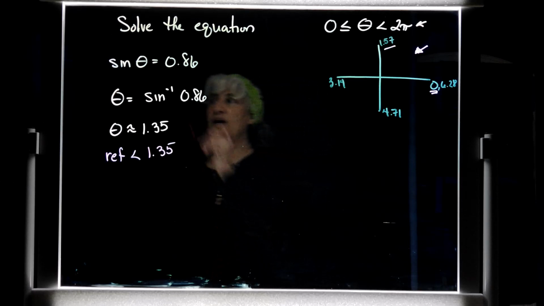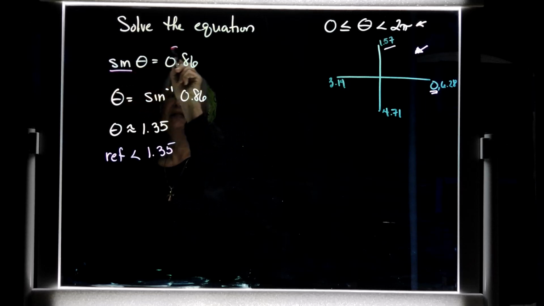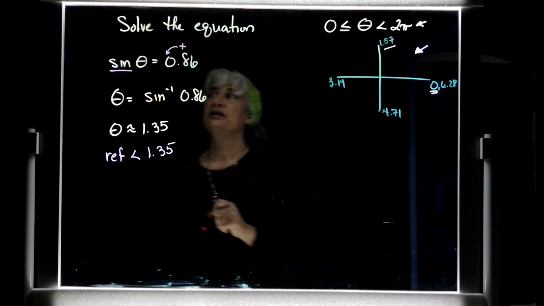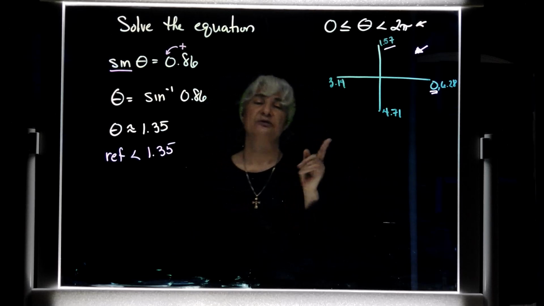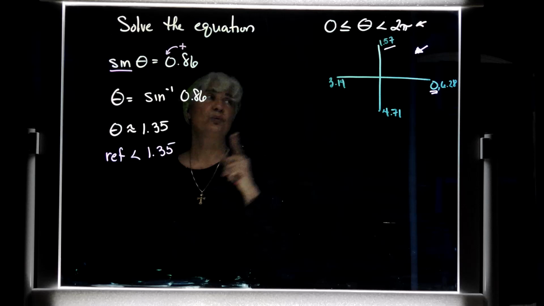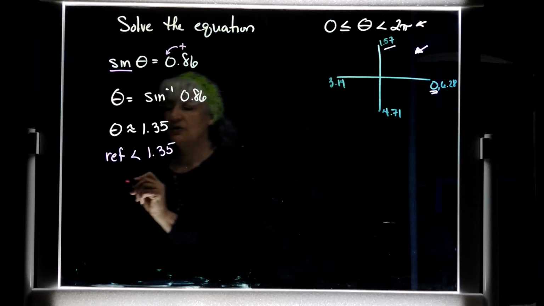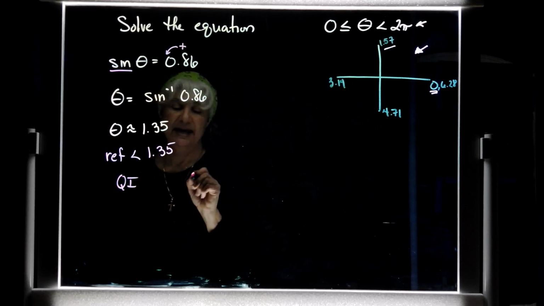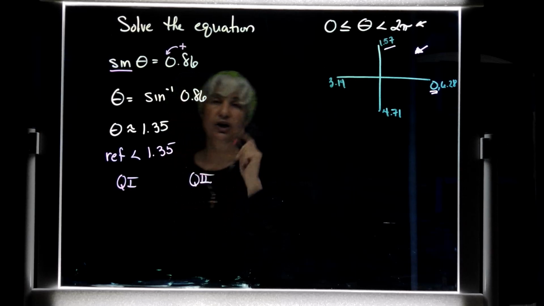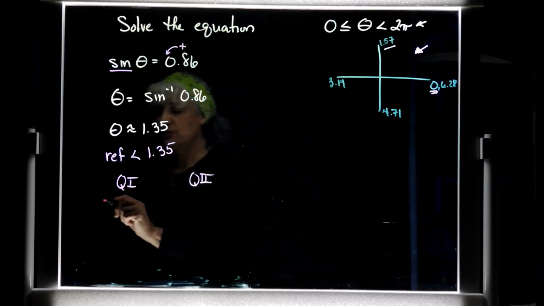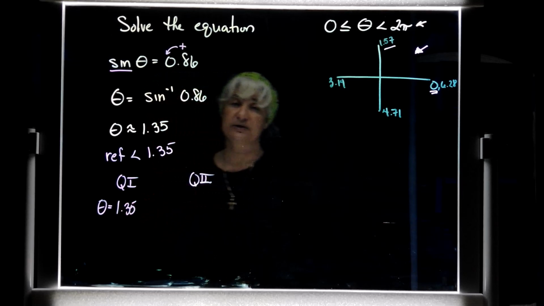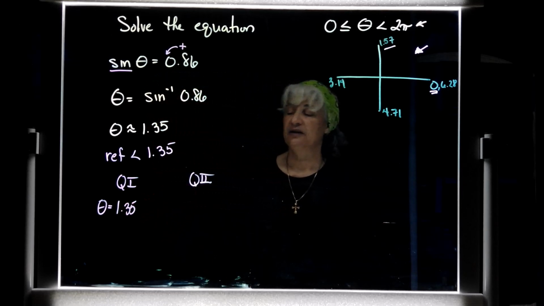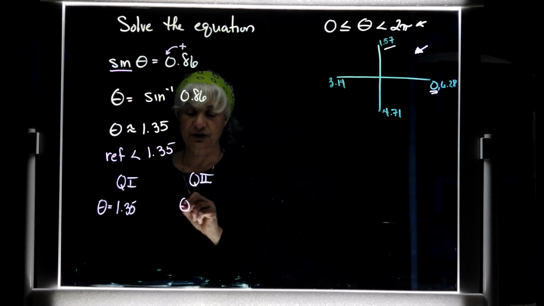So I'm talking about sine, and the answer here is positive. And sine refers to the y's. So your y's are positive in quadrants 1 and 2. Well, in quadrant 1, that's easy because quadrant 1 is the reference angle of 1.35. And now you're like, well, how do I get quadrant 2?